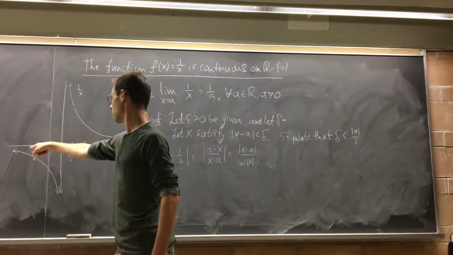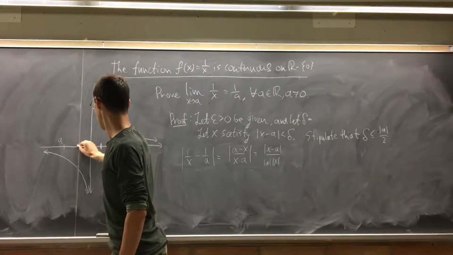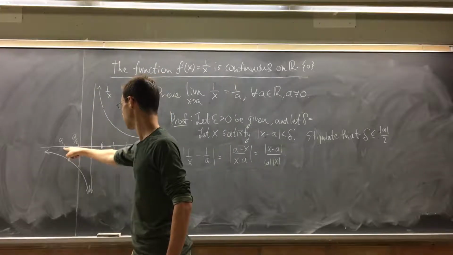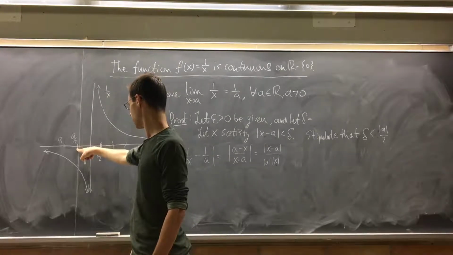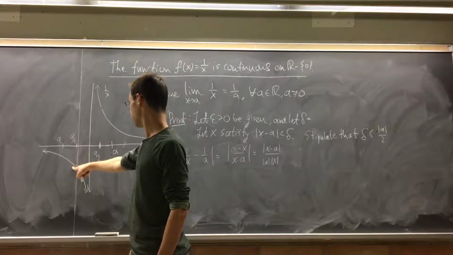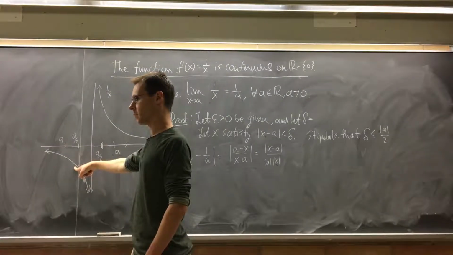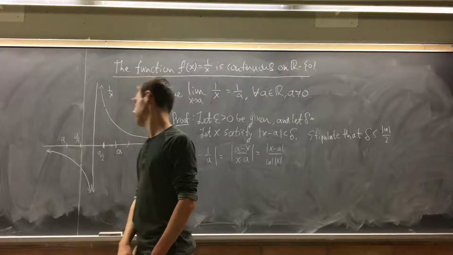Okay? Same thing on the other side. If our A is out here, okay, then A over 2 will be over here. This distance will be abs A over 2. And the maximum value of the function will be negative 2 over A. Or the maximum value of 1 over abs x will be 2 over abs A. All right?